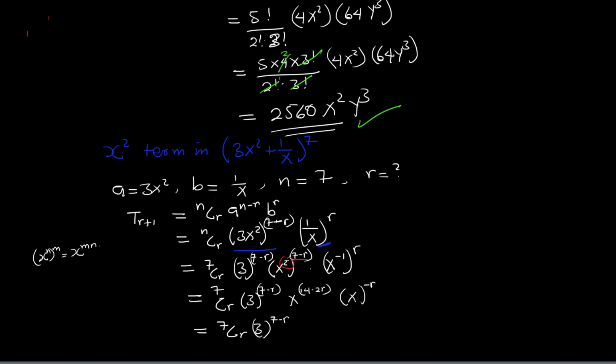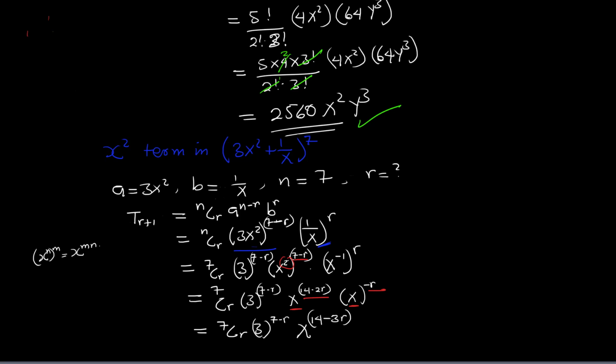And once we can see that this term here and the other term here have the same base, we can use the laws of exponents to add the exponents, this term here and that term there, to get 14 minus 3r.